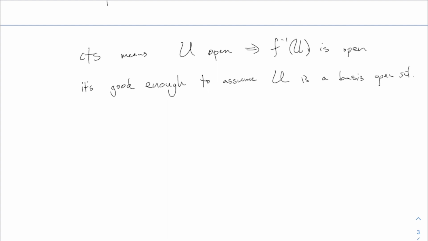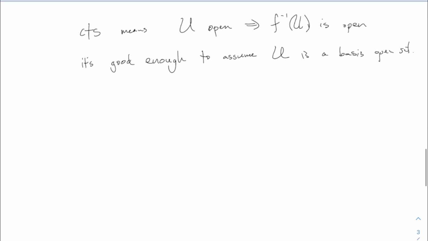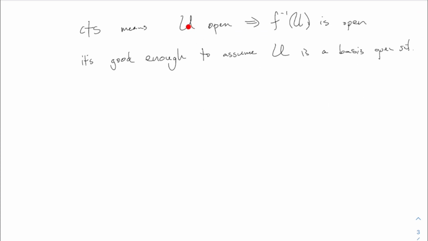I've kind of already been doing that. When I was drawing these pictures up here, I was always using one single open interval, although that's not what any open set looks like. Any open set could be a union of different open intervals in R. But what I'm saying here is, if you want to show something is continuous, it's okay to just assume that U is a basis open set.